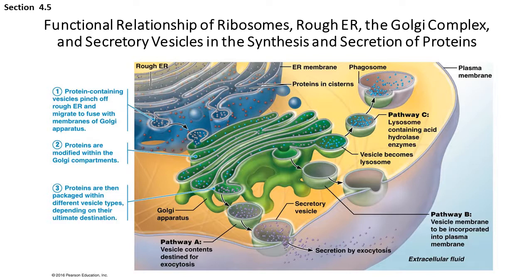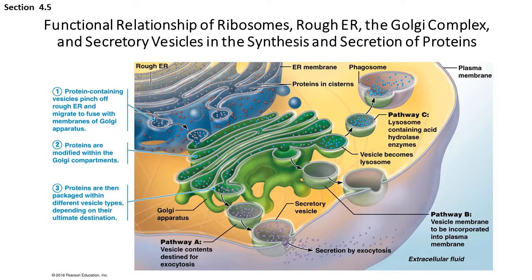For example, if the protein was misfolded and is not functional, it can be fused with the lysosome, which will then break it down, and the components of that misfolded protein can be used for other protein synthesis.